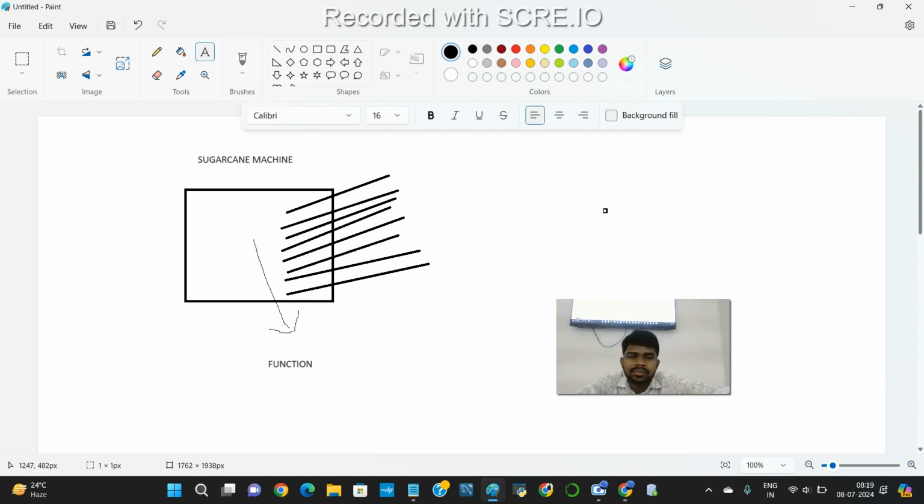I can write the definition of a function like this.